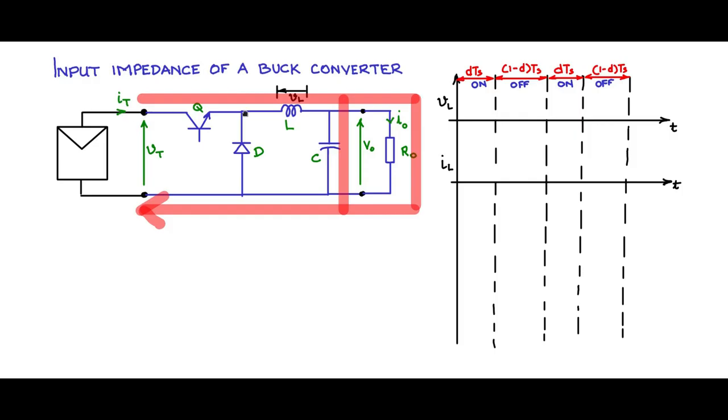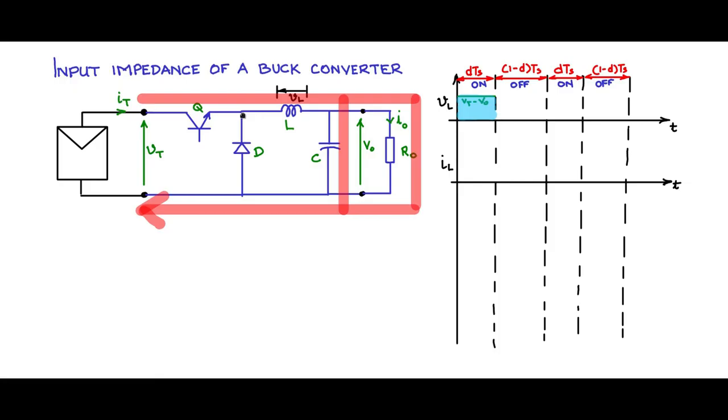This and this will have the same potential, so that will be VT. This potential is connected to the output, therefore this is at V0. So the voltage across the inductance VL will be VT minus V0. So that is what we will have here, VT minus V0. So let us shade that.